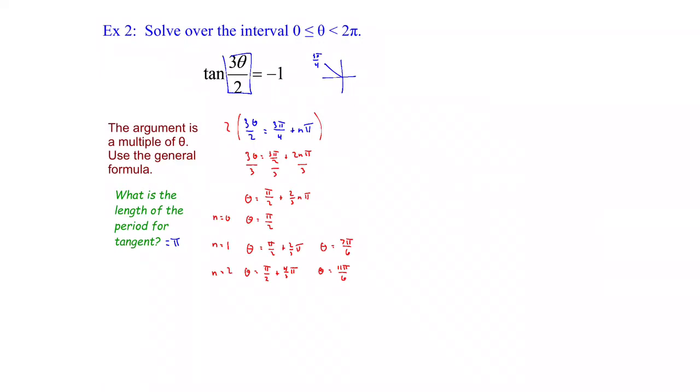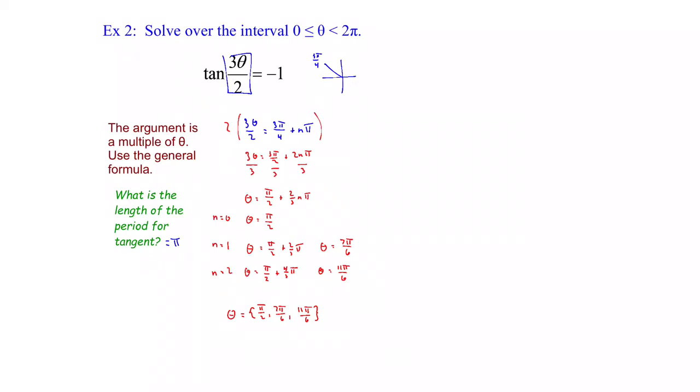And right there, 11 pi over 6 is 1 5/6, so it's really close to the 2 pi. If I add another 2/3 to that, it's going to go over. So our answers would be theta is equal to pi over 2, 7 pi over 6, and 11 pi over 6.